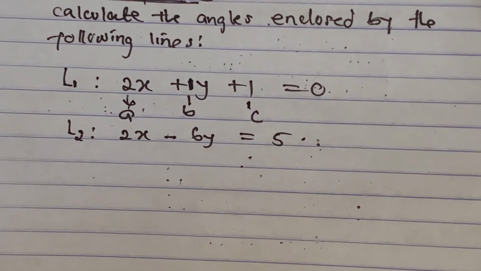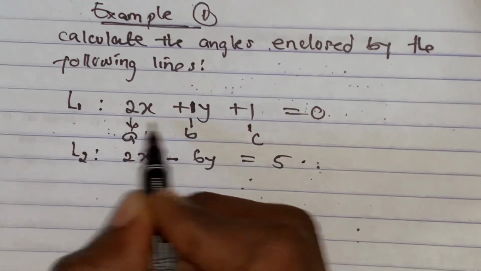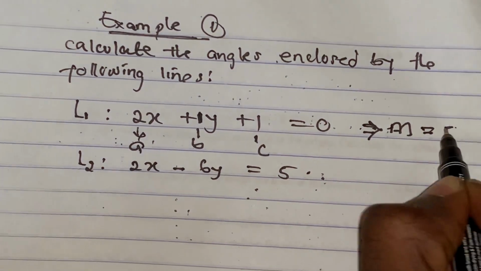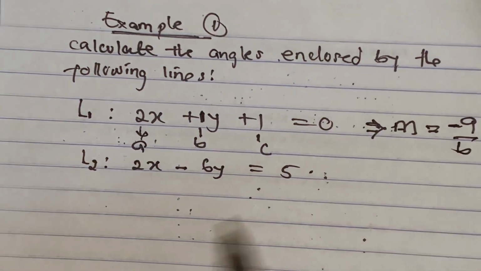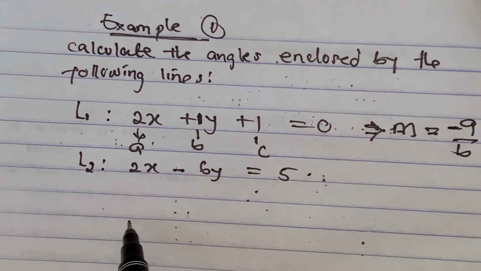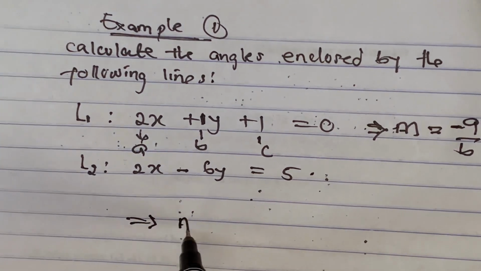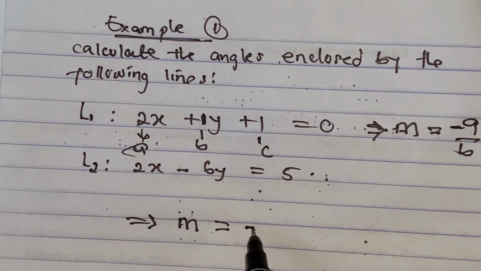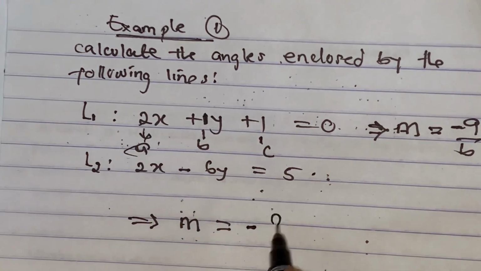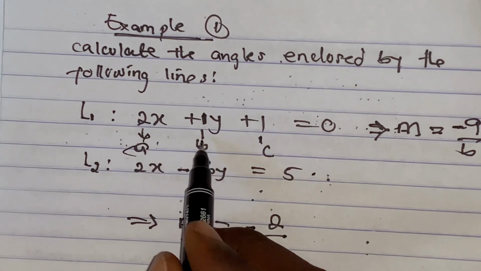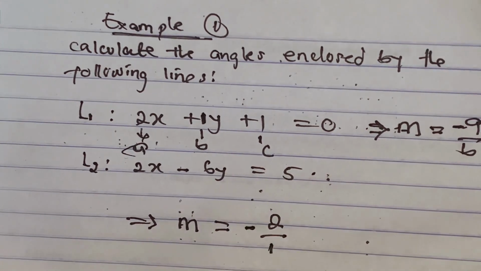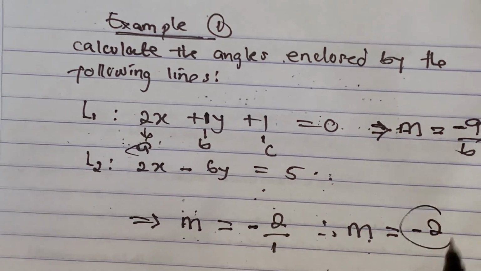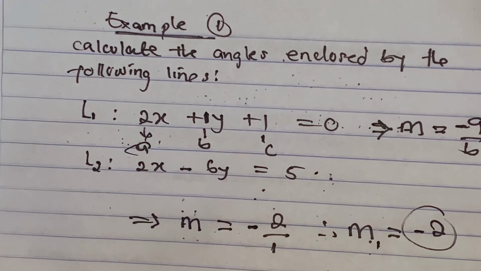Then let's recall our formula for finding the gradient of any straight line: m equals negative a divided by b. In this case, m equals negative a, which is 2, so we put the negative sign, then 2 divided by b, and b is the coefficient of y, which is 1. Therefore, m equals negative 2.